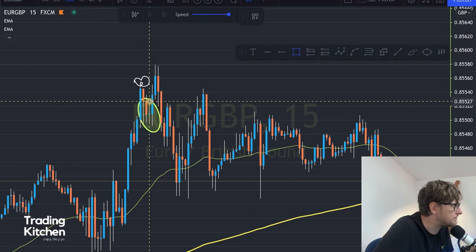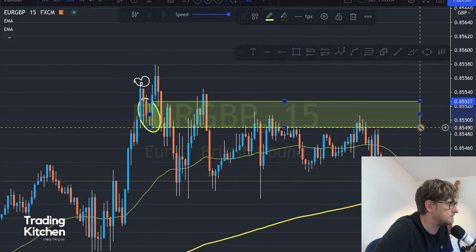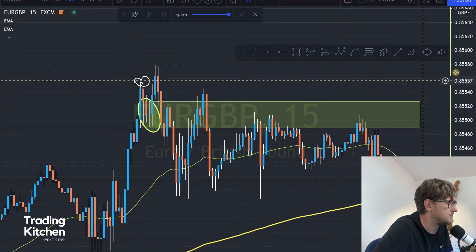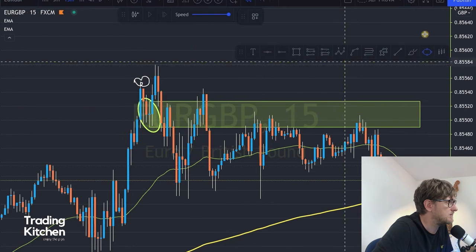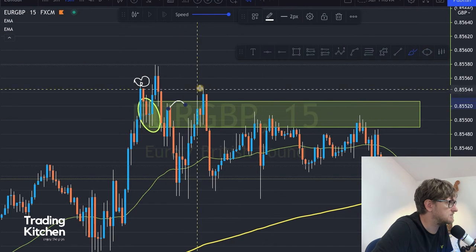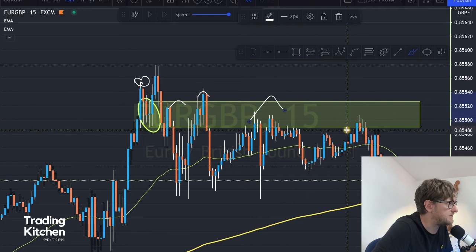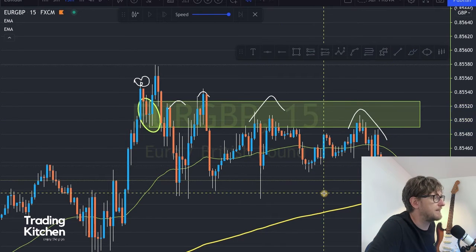So this zone is a very, very important zone. In fact, as you can see, price reacted so many times.